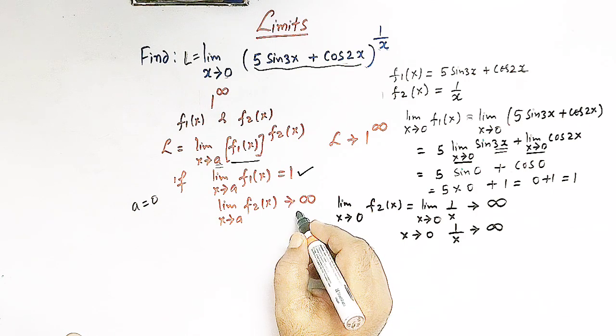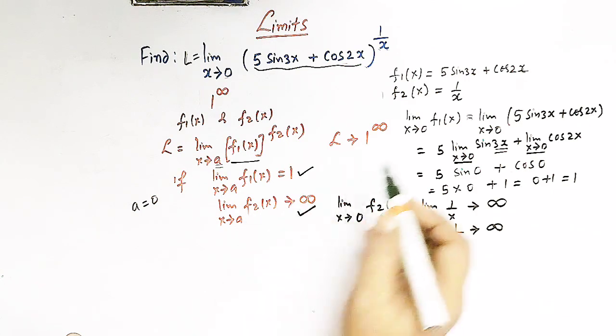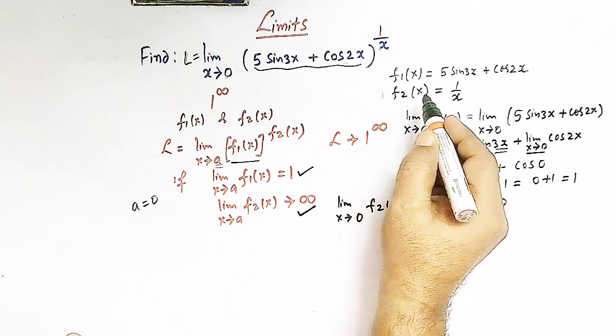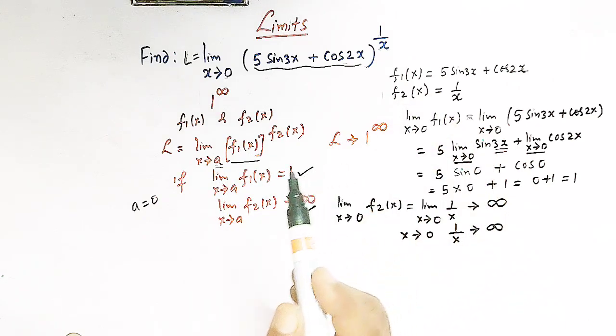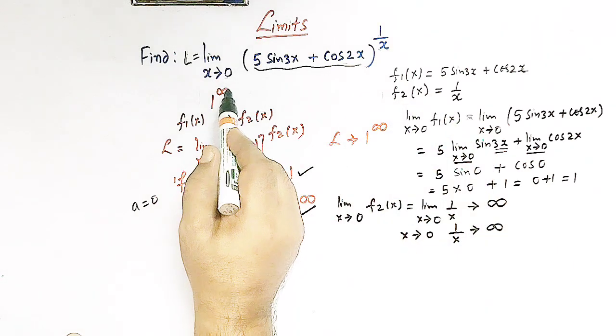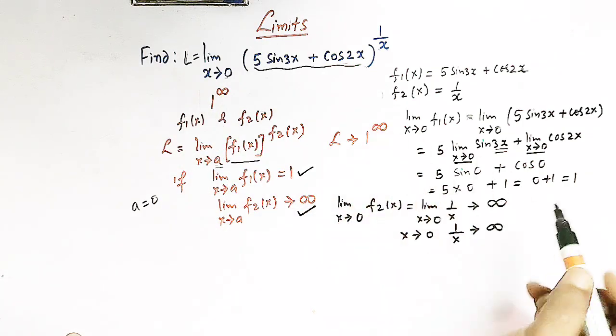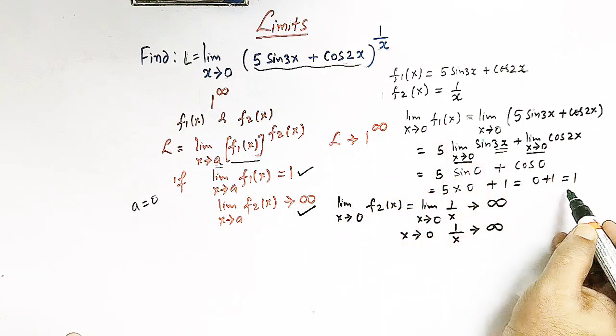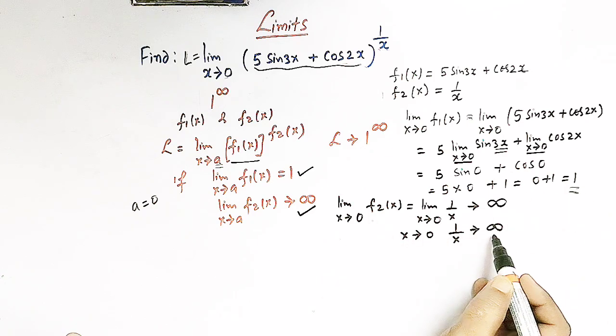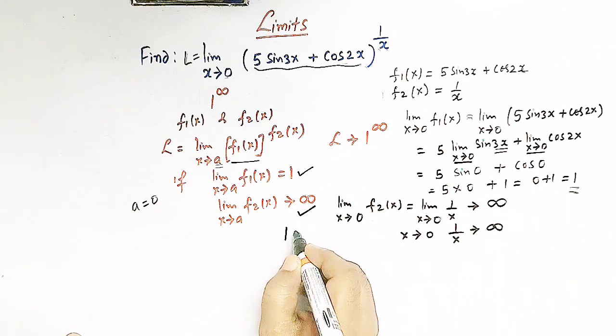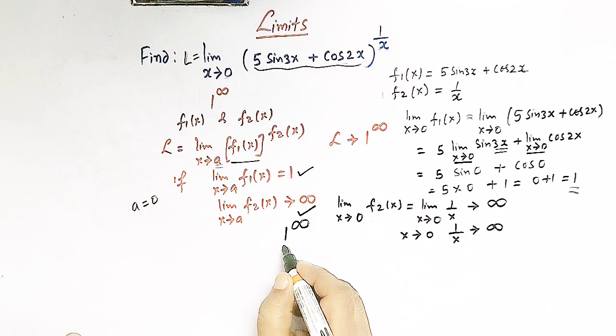So this condition is also fulfilled by the function f2(x). So whenever we have limits of this form, because this limit is 1 and this limit is infinity, we have the form 1 raised to infinity, right?